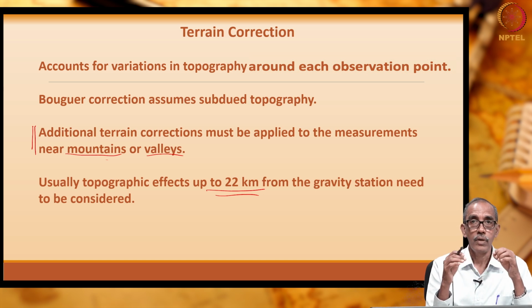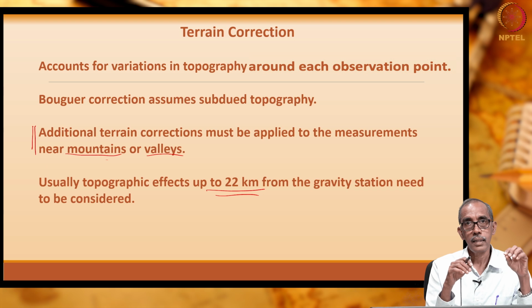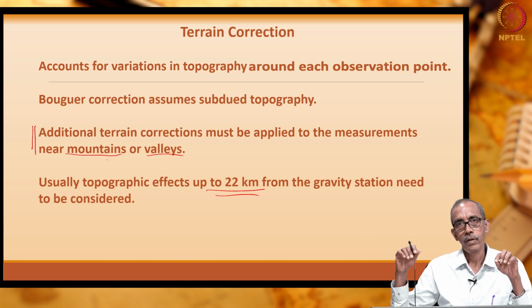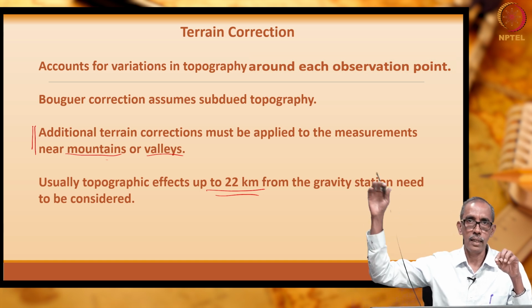That means we have deployed the gravimeter at a particular station, and at 20 kilometers from that gravity station there is a hill.